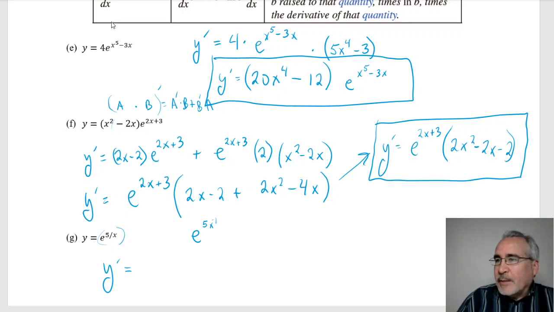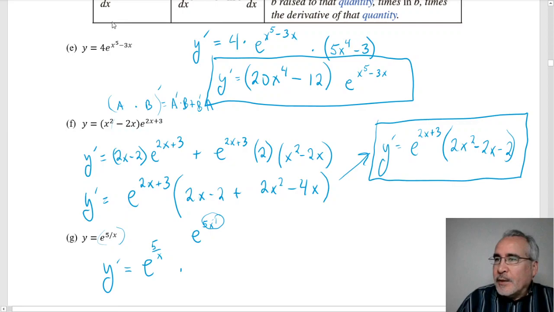You could leave it this way, but just remember that exponent is 5x to the minus 1. Since I think the answer will probably leave it as 5 over x, we're now going to multiply by the derivative. The derivative of 5x to the minus 1, the negative 1 comes down times 5, so that gives us a negative 5.